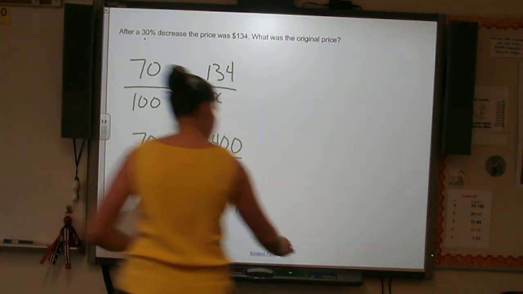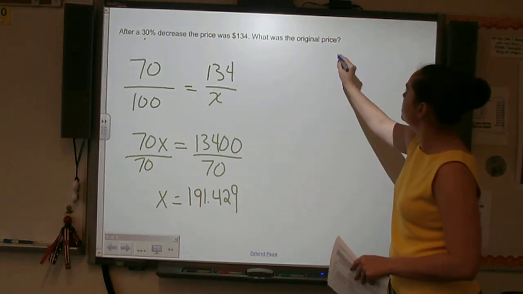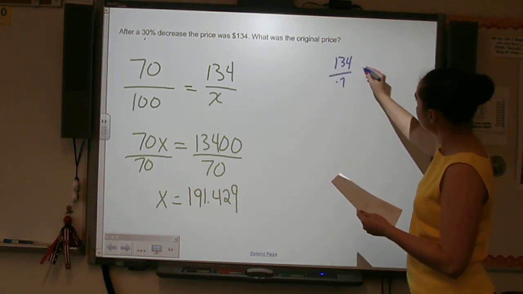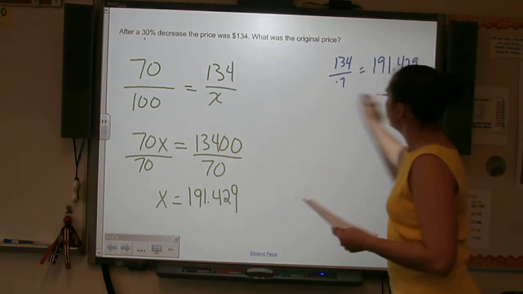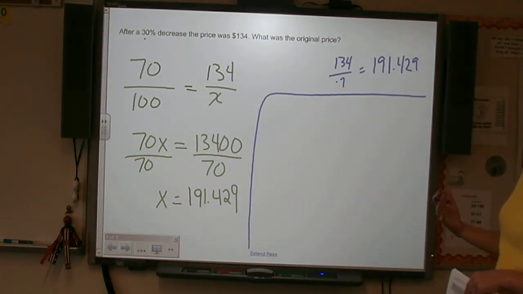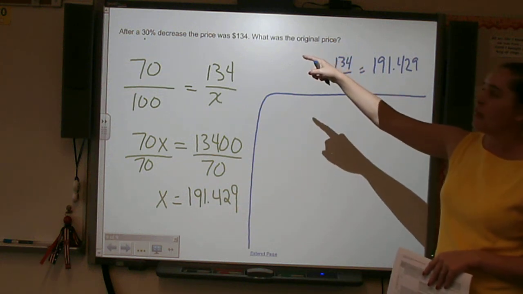Now, if you want to take the shortcut method, method A, remember we're still using 70%, so it would be 134 divided by 0.7, and that's going to give us 191.429. Now, if this makes you feel uncomfortable and you're not quite sure, you can always check, right? We're saying this was the original price. We decreased it by 30%.